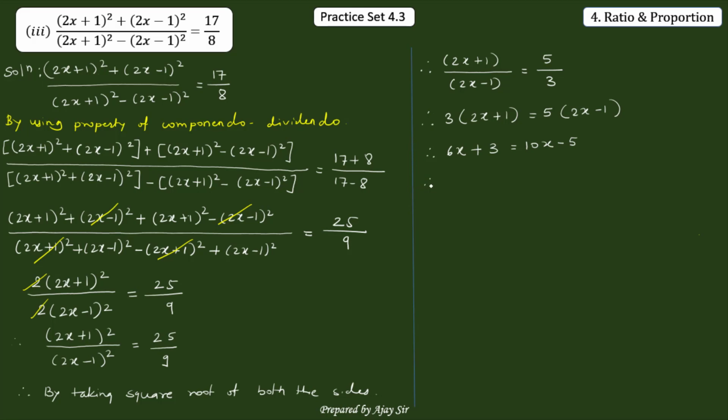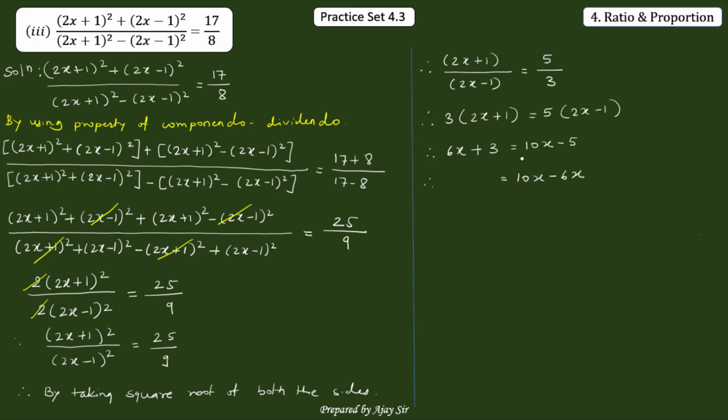Observe this: we will keep 10x here because it is greater than 6x, and we will shift 6x to the right hand side, where it becomes minus 6x.